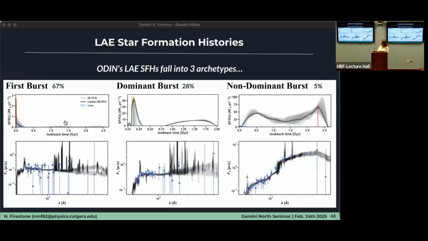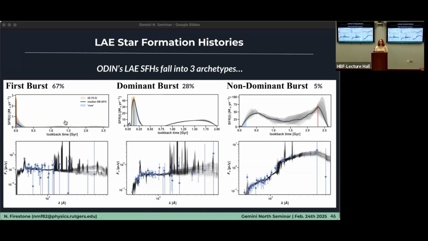Awesome. Okay. So we actually found that our star formation histories fall into 3 different archetypes. About 67% of them are in the first burst archetype, which is what we would have expected. And for that archetype, again, it's pretty self-explanatory. It's in its first burst of star formation at the time of observation. 28% of our LAEs are in a dominant burst phase.